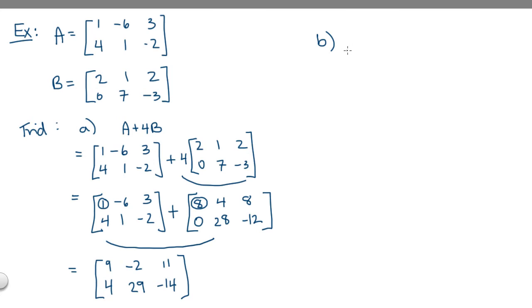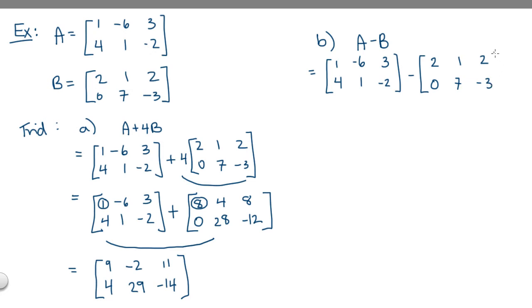For part B, let's try doing A minus B. So we may well have subtraction of matrices rather than addition. It might be helpful just to write out the matrices again so we've got them here to look at. So we're taking our matrix A and we're going to subtract off our matrix B. Okay, and again, we're just going to do the operation one element at a time.